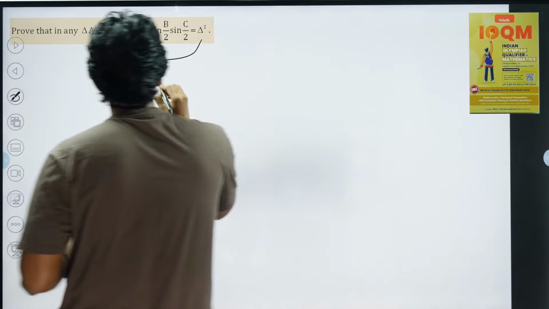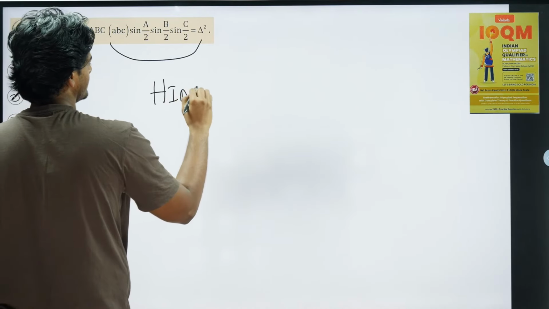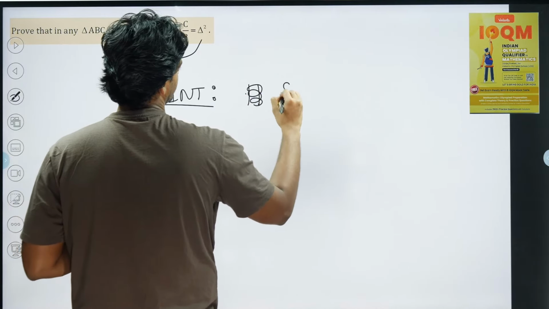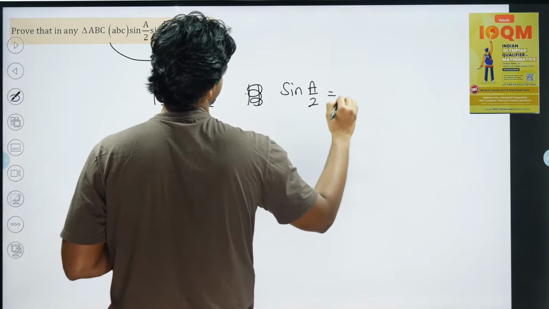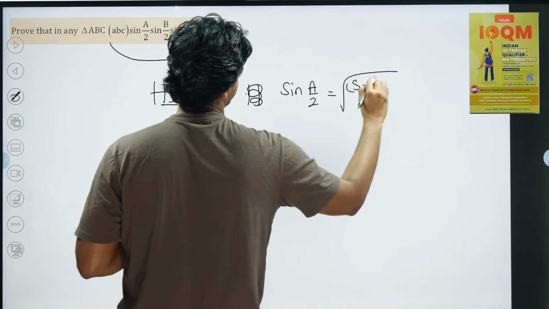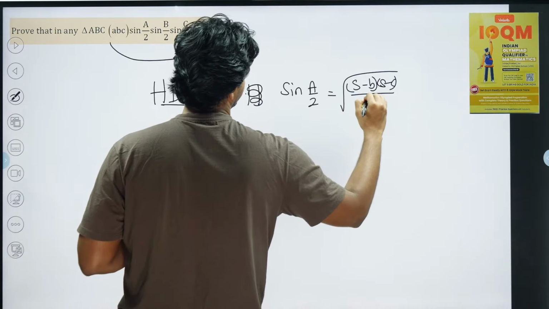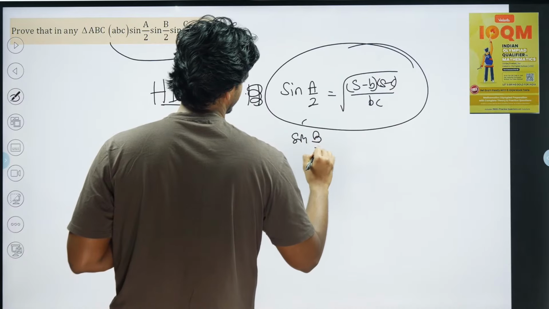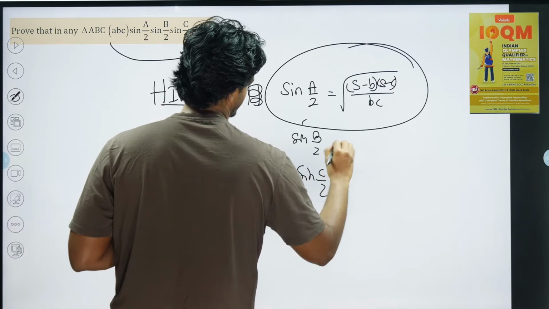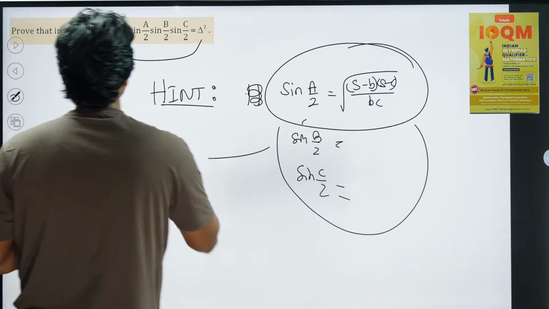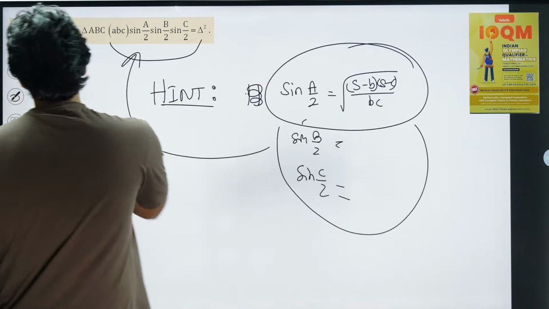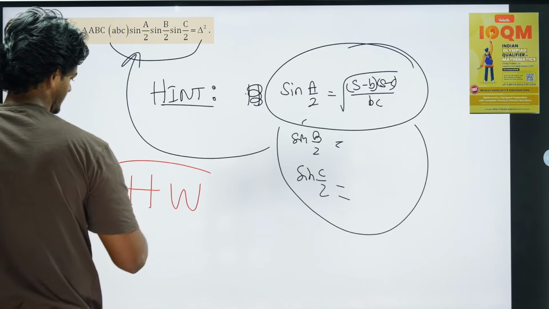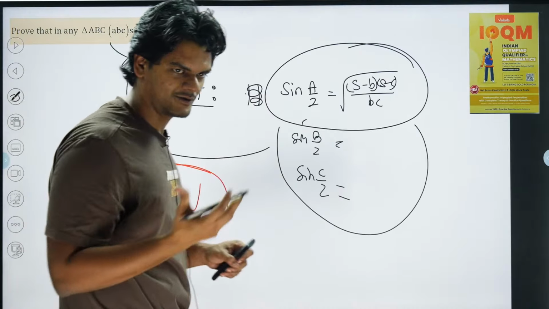Hint is sin A/2 is equal to the square root of (s − b)(s − c) over bc. This is what you use for sin C/2. Use this and you will get this. I'm not doing it. Take it as homework. Easy. That's not hard at all.